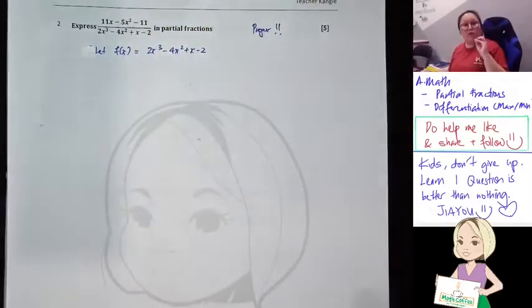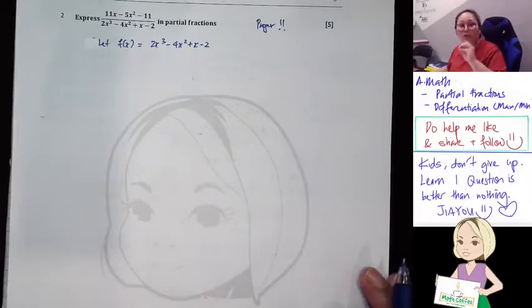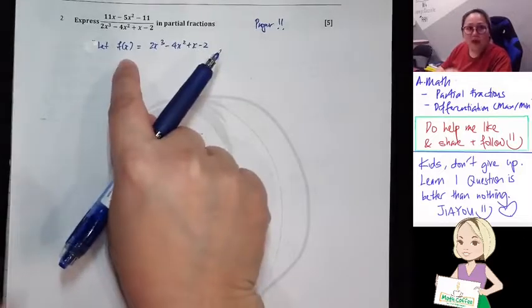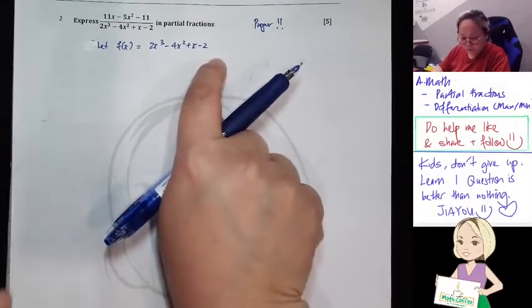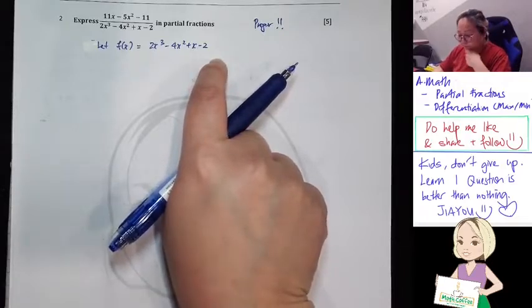What I'm trying to do now is factorize my denominator. Then I'm going to use the factor theorem to find out one of the factors.